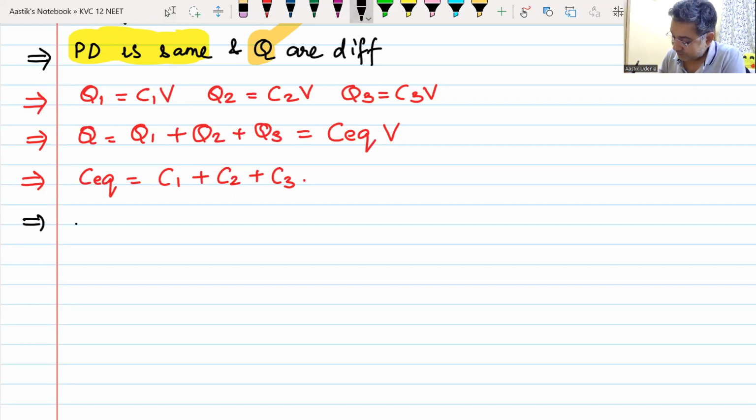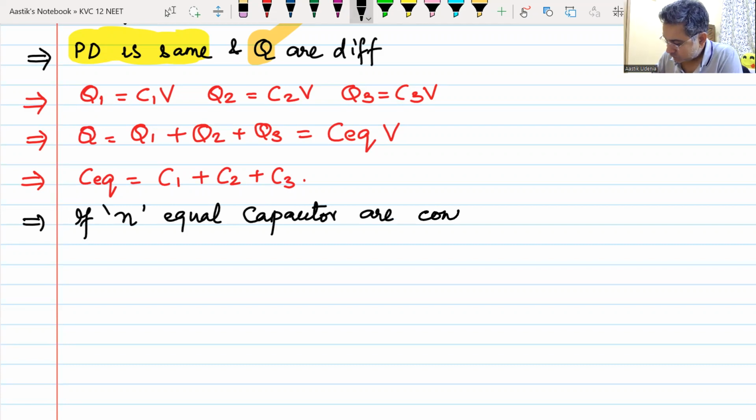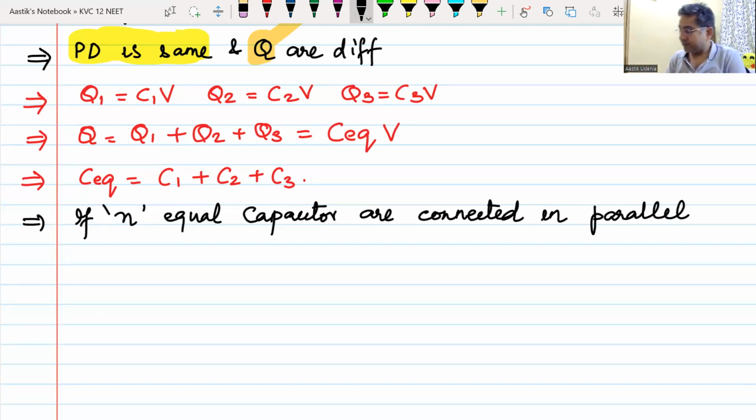Now, if n equal capacitors are connected in parallel, can anyone tell me what will be the value of C equivalent?